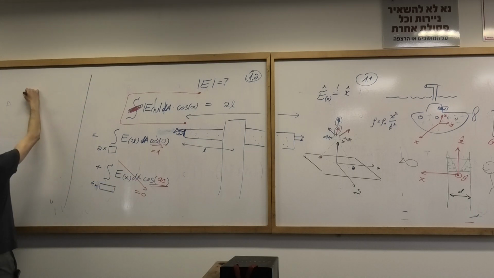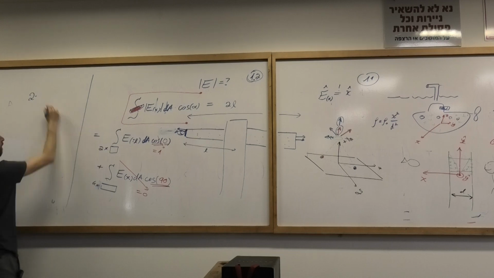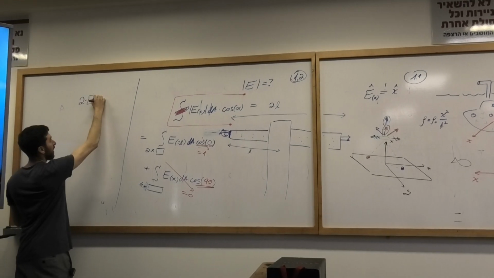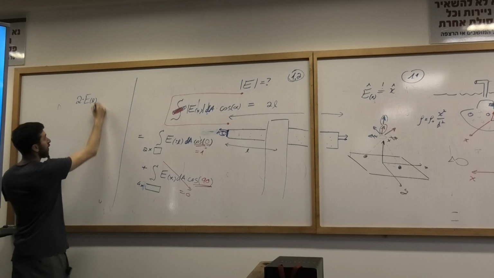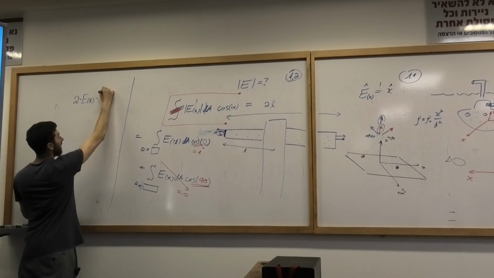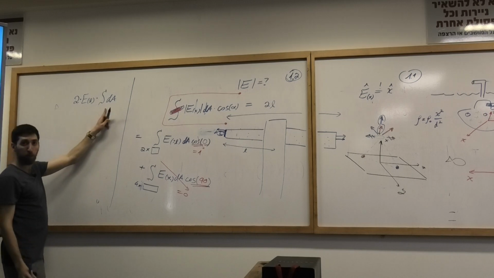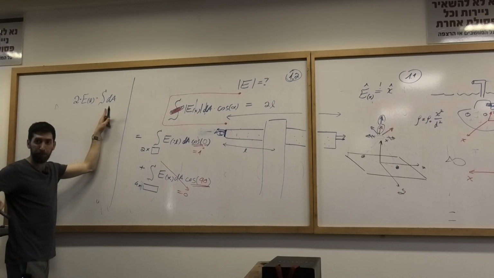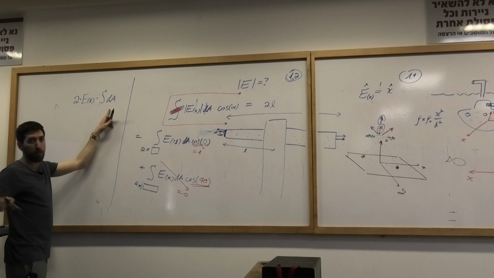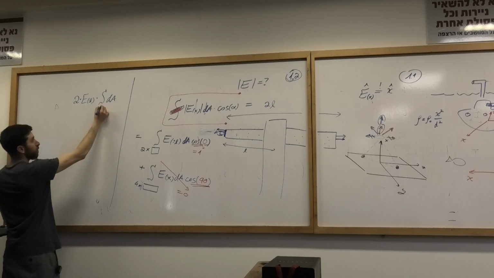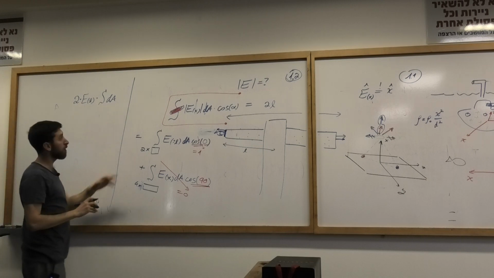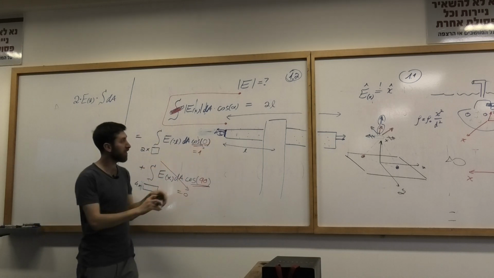We have 2 multiplied by E at the location L, multiplied by the integral of dA. That's what we are left with. Camera, can you see me? Good. So what is this integral? It's actually calculating some area, this area.